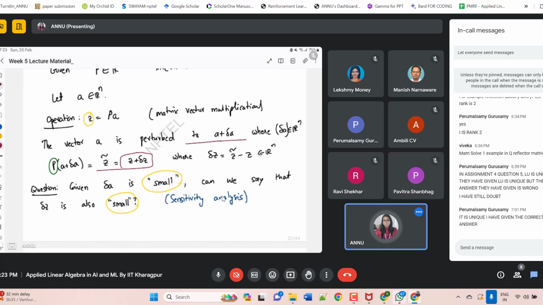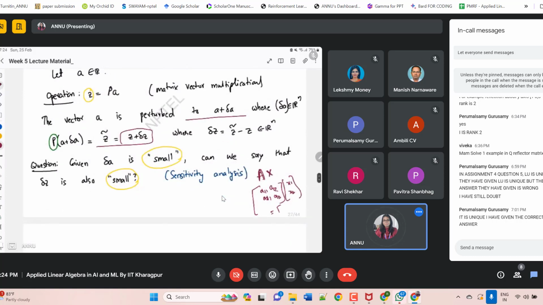Let's see a simple example. You have a matrix A, and you're multiplying with X. A is a matrix with entries A11, A12, A21, A22, and this is X1, X2. What you get is A11 X1 plus A12 X2, and A21 X1 plus A22 X2.